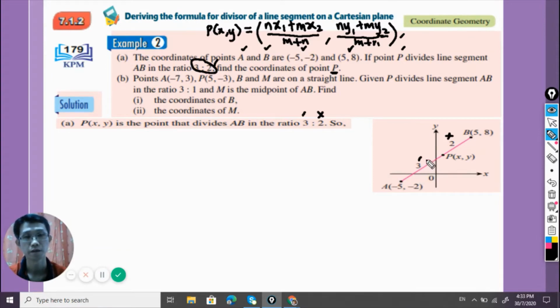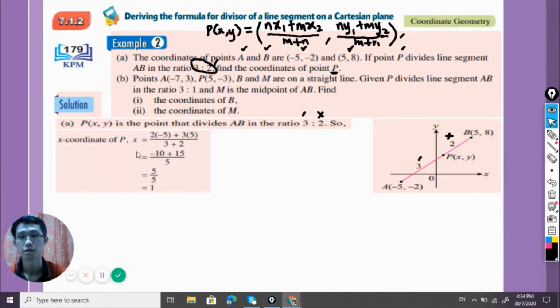Okay, so after you draw the diagram, you can start to link the internal point P with the endpoints in the section formula. If you take the coordinate x, you will see that the x of P is given by n, which is 2 here, multiplied with your x1. x1 is -5.